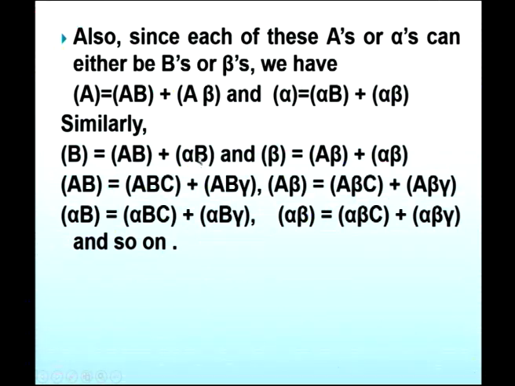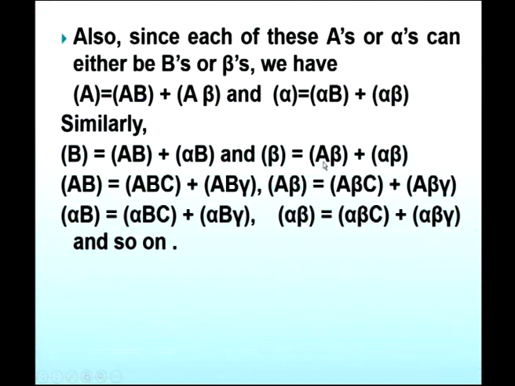So, B is present in both the cases. So, totally if you want the class frequency of B, then you should take AB plus alpha B. Then talking about the non-possession of the attribute B, beta is A beta plus alpha beta.